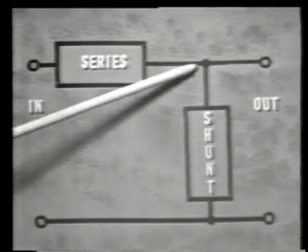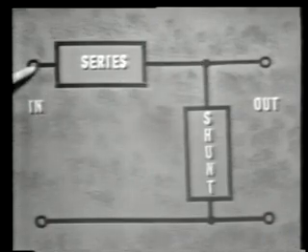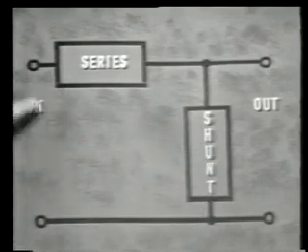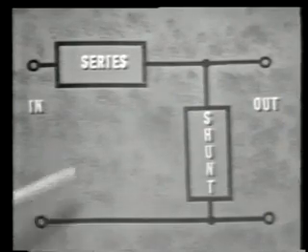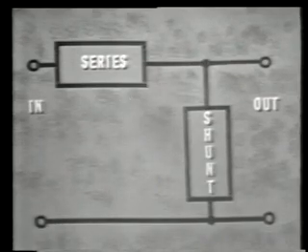And the voltage across the shunt is dependent on the voltage developed by the series component, because the voltage across the shunt is equal to the total applied voltage minus the voltage drop across the series component. Thus, this circuit acts like a simple voltage divider.